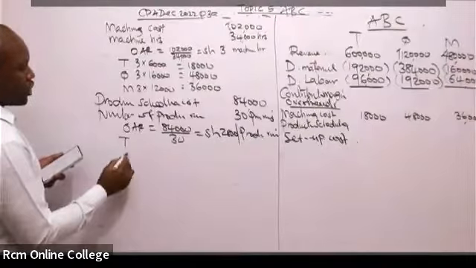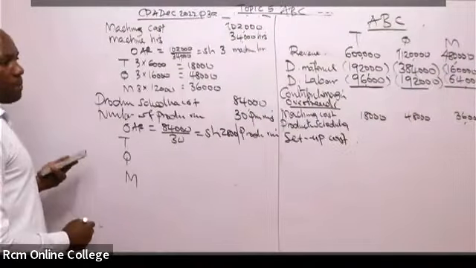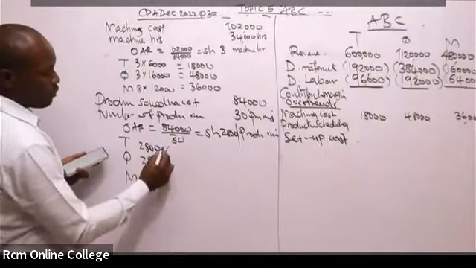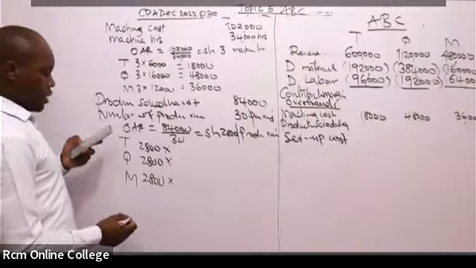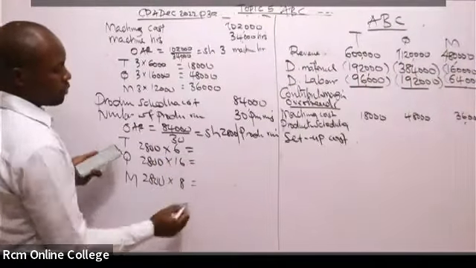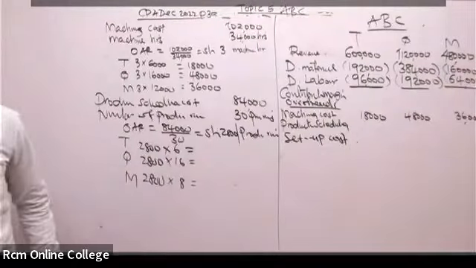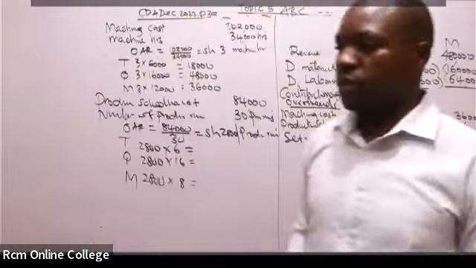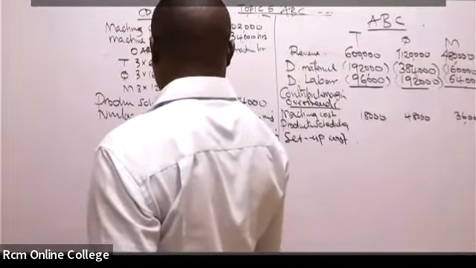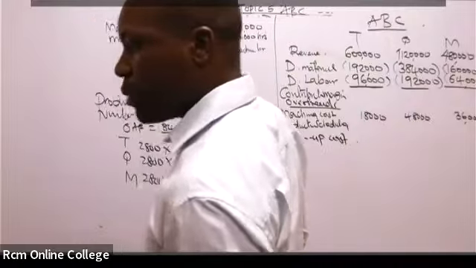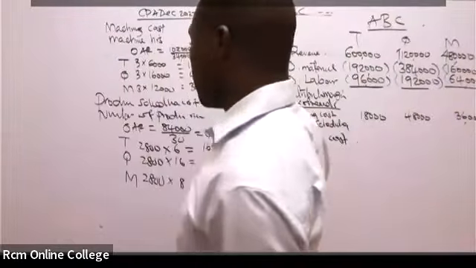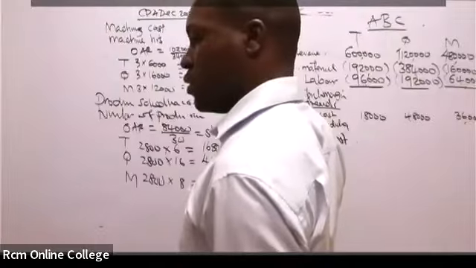84,000 divided by 30 is 2,800. So can we get T, Q, M? We have 2,800 each, but we multiply by 6, 16, and 8. For T that is 16,800, for M that is 22,400, and for Q that is 44,800.